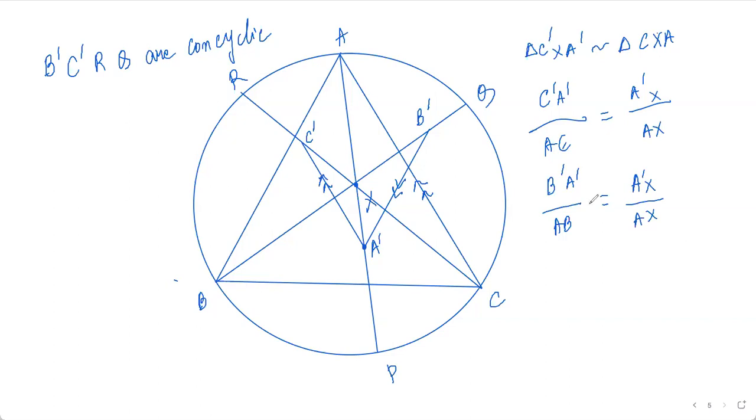Fine. Then we see that these are equal. So C dash A dash by AC is equal to B dash A dash by AB.